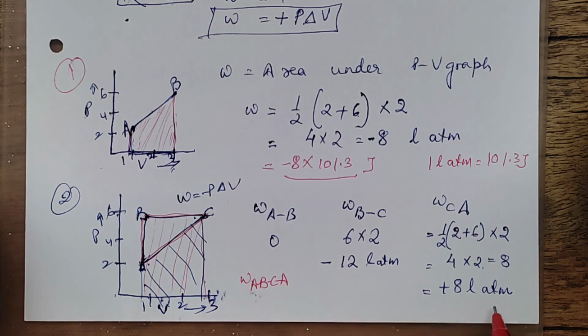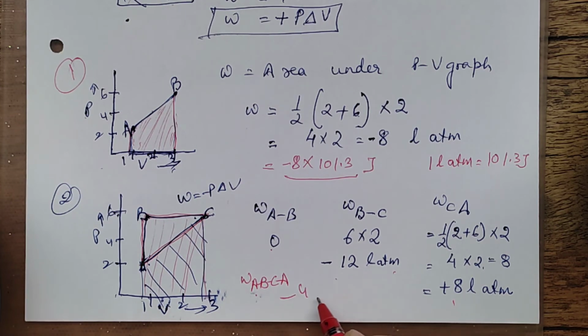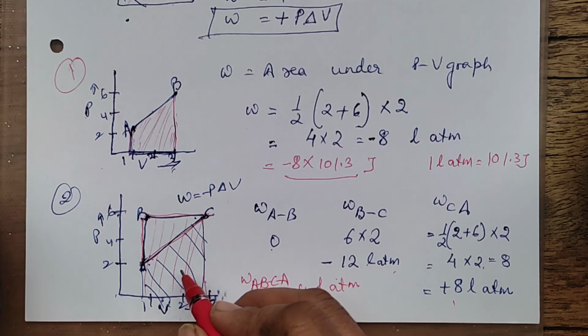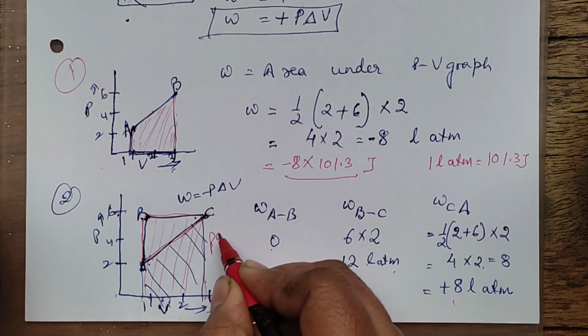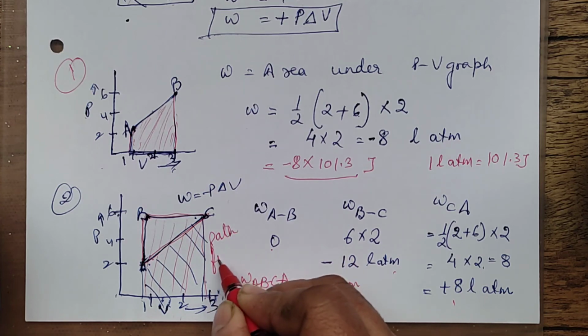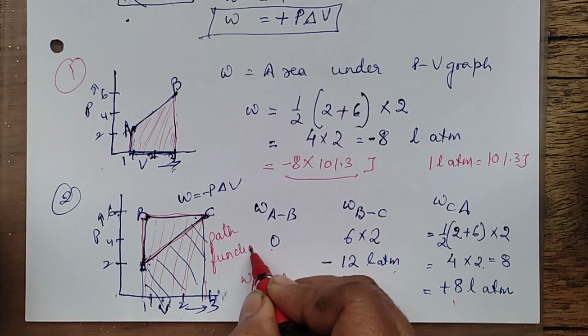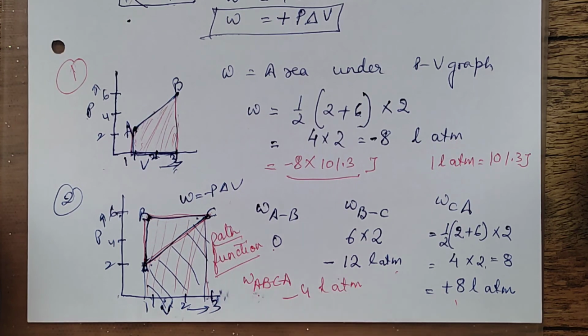You can just add up and see. 0 from here to here, minus 12 from here to here, plus 8. Add them up, you get minus 4. So the work done is minus 4 liter atmosphere. In a cyclic process, the work done is not 0, because work done is a path function. It depends upon the path followed, not only on the initial and the final states.